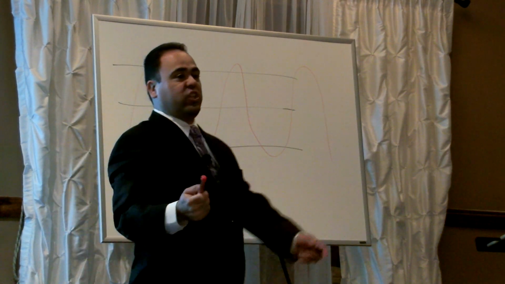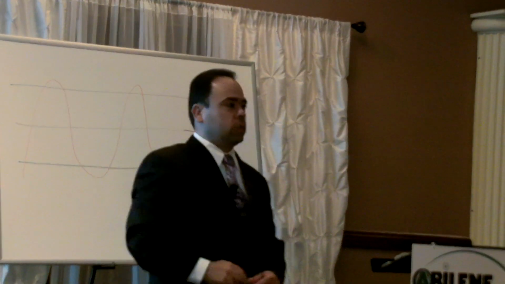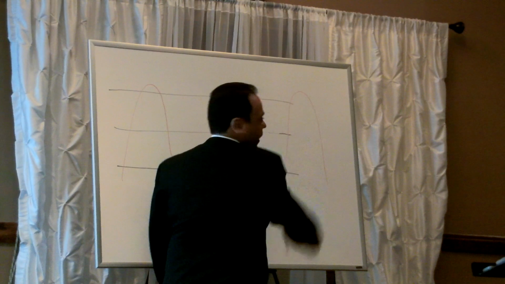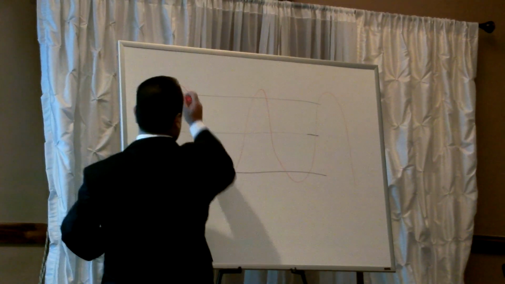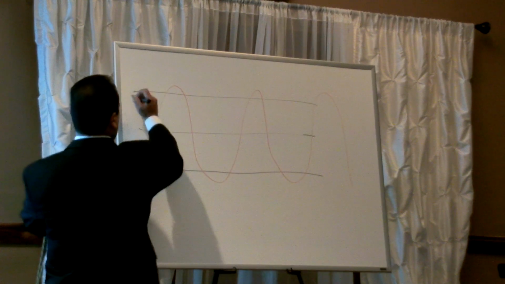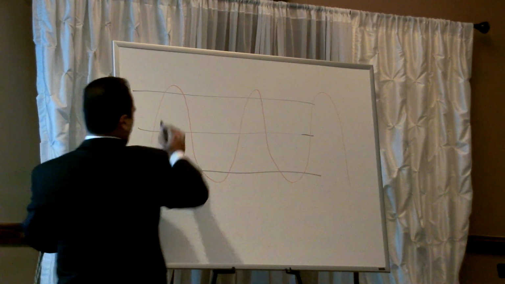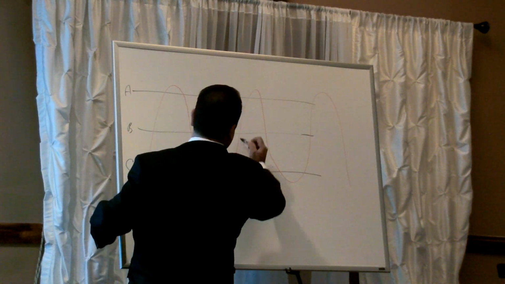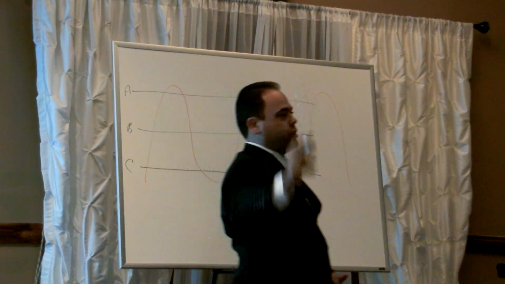Everybody heard the frequency at 60 cycles? If you see on a motor, it says 60 cycles. It's 60 cycles per second that it makes that sine, okay? So it alternates from A, B, C, if this is phase A, B, and C. It alternates from A, B, C, C, B, A, and it makes that rotation.